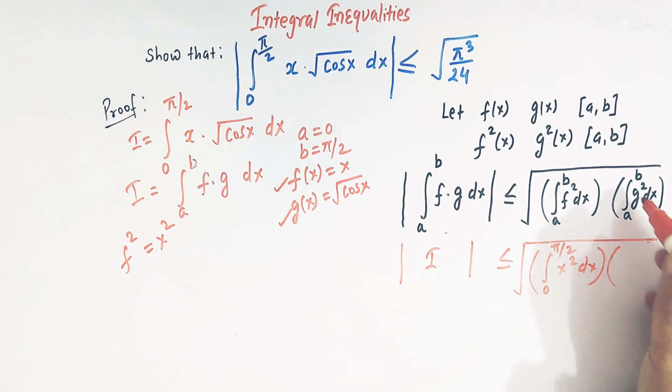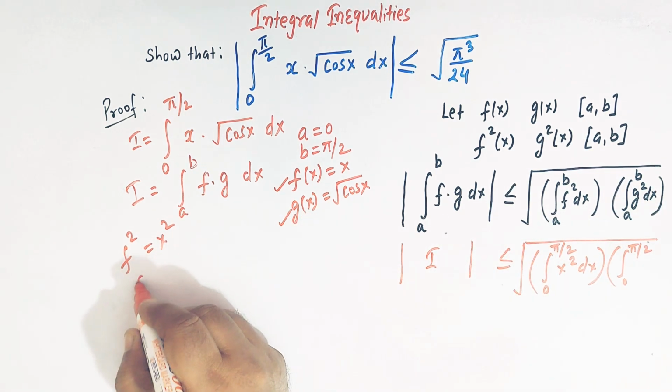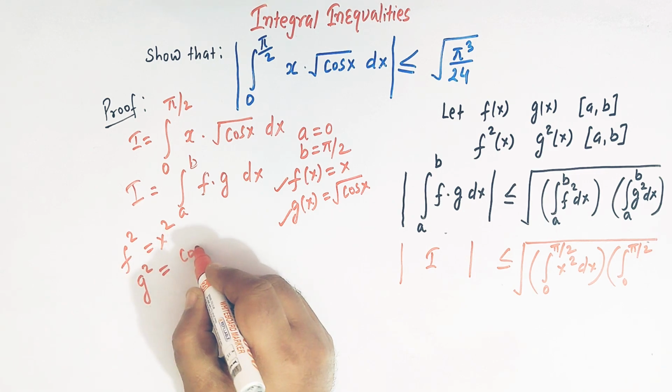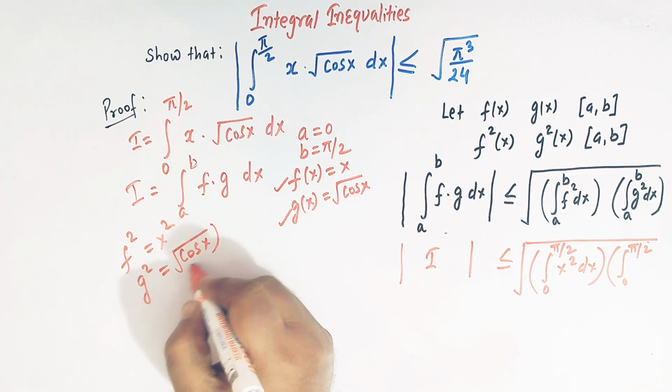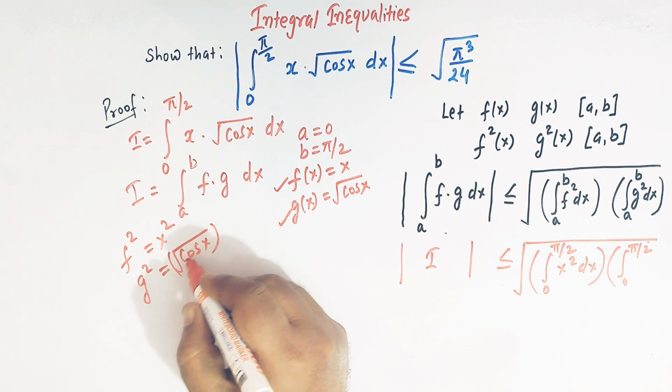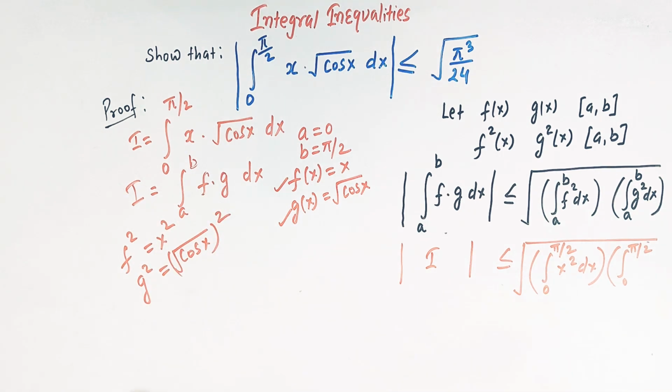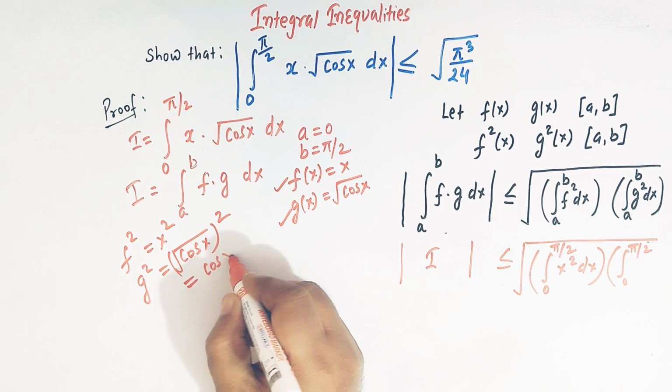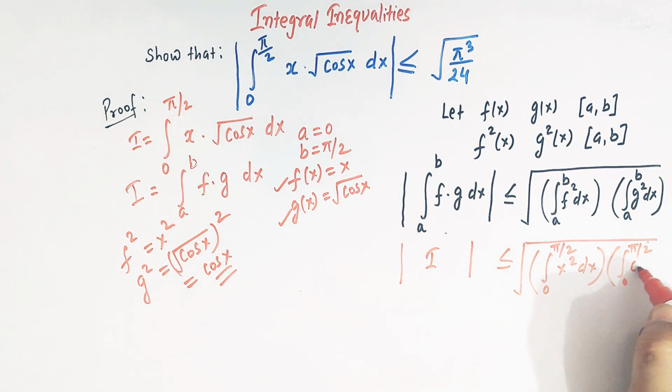The second integral is again from 0 to pi by 2 of g square. So g square is the square of the square root of cos x, which is cos x, and we have cos x dx.